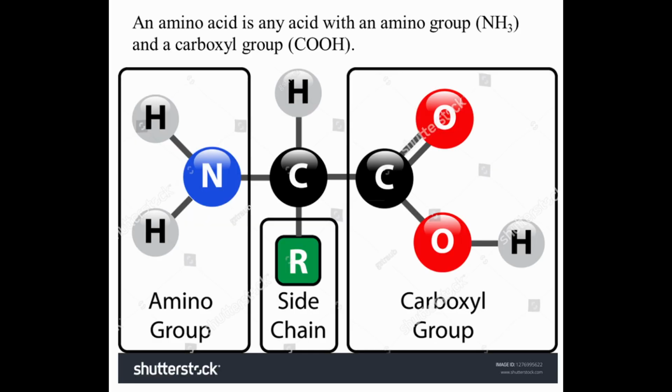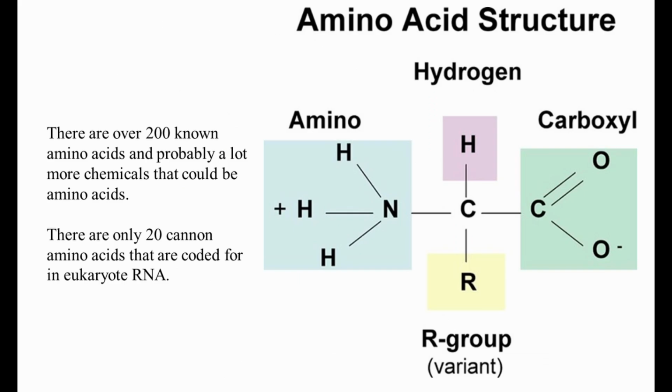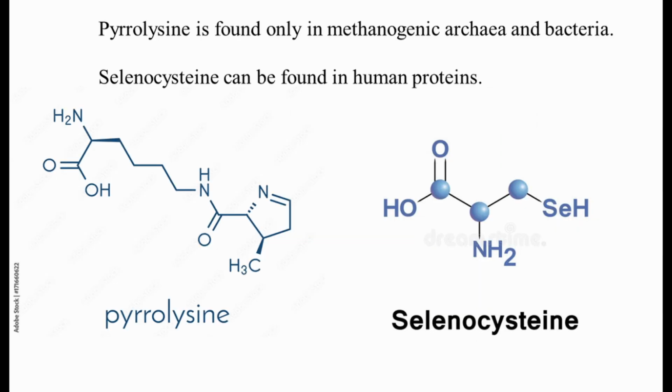An amino acid is any acid with an amino group NH3 and a carboxyl group COOH. There are over 200 known amino acids, and probably a lot more chemicals that could be amino acids. There are only 20 canon amino acids that are coded for in eukaryote RNA. There are 2 extra amino acids that might be found in organisms: selenocysteine and pyrrolysine.